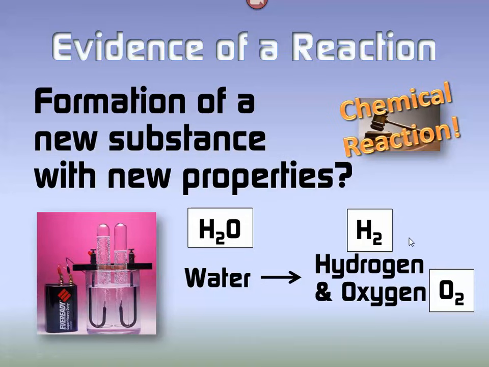And what you have here are two very different substances with two very different properties from water. Water is a clear liquid that you can drink. Hydrogen is a flammable gas. And oxygen is another clear gas that supports combustion and you can breathe. So obviously two very different things if you split water actually in half. So this is definitely a chemical reaction.